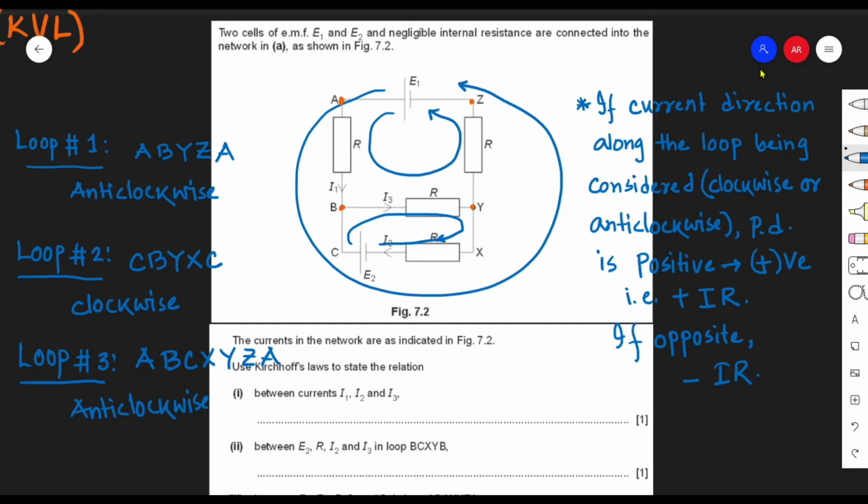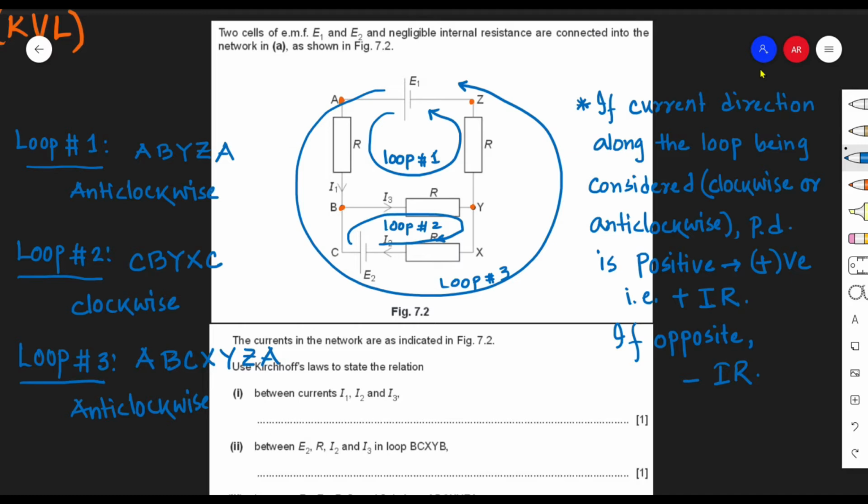We have three loops in this circuit: upper loop, lower loop, and the complete loop. When we consider the complete loop, this junction BY will not be included. The complete loop is A, B, C, X, Y, Z, A in the outer circuit that we drew.